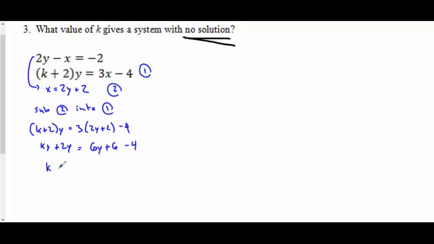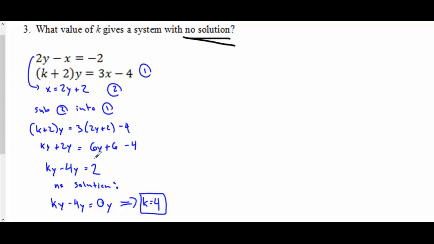So I have ky minus 4y equals 2. Now, we know that in order to get something that has no solution, I need to have ky minus 4y equals 0y, which means that in this case, k has to be 4.